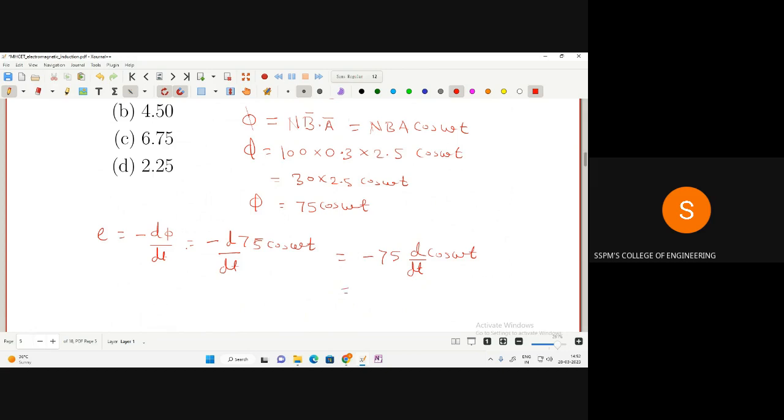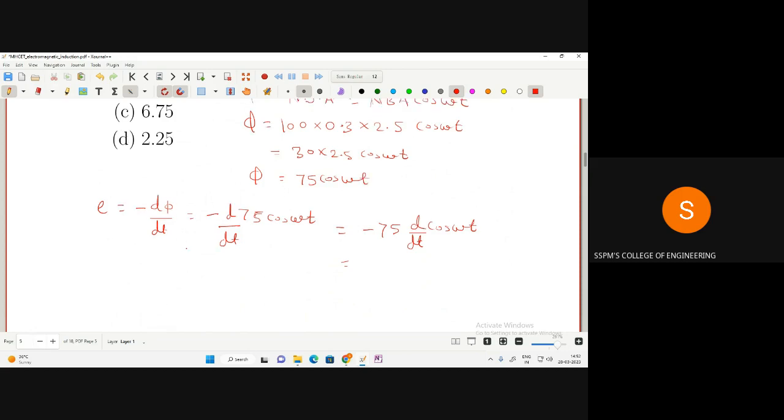The differentiation of cos omega t is minus sin omega t into the derivative of omega t with respect to t. So it will be 75 into omega into sin omega t. EMF induced is 75 into 60 sin omega t.